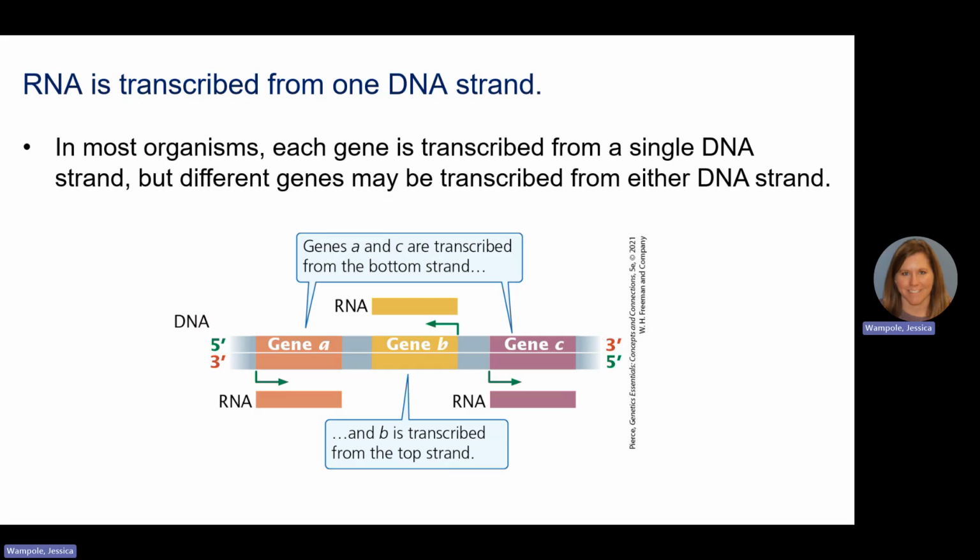So there's not always a single direction where all of the genes are going to be coded from. Either strand can code for your genes. Sometimes, just to be more complicated, they also overlap. Usually in bacteria they don't overlap, but sometimes in eukaryotic cells they'll overlap.